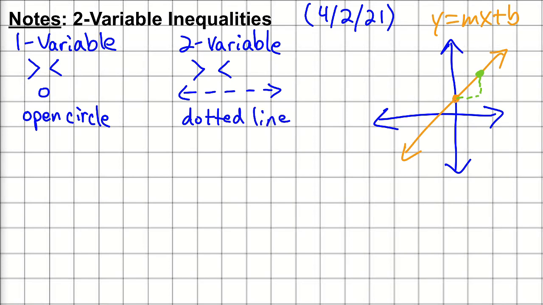In the case of one variable inequalities, the open circle means that that point is not part of the solution. In two variable inequalities, when we have a dotted line, it means all the points on that line are not part of the solution. It's a solution set.